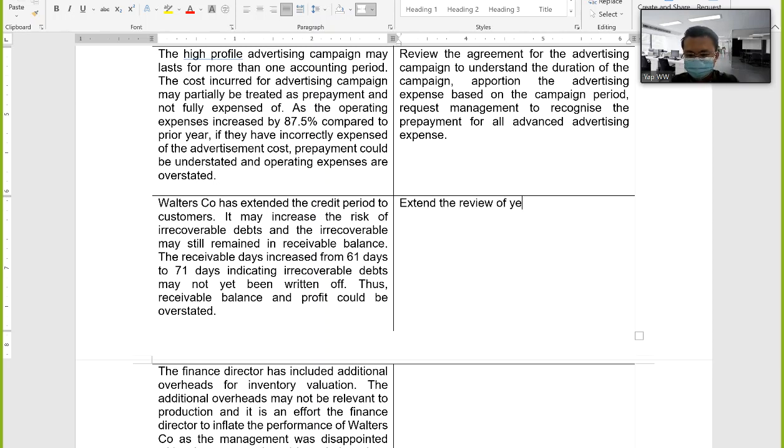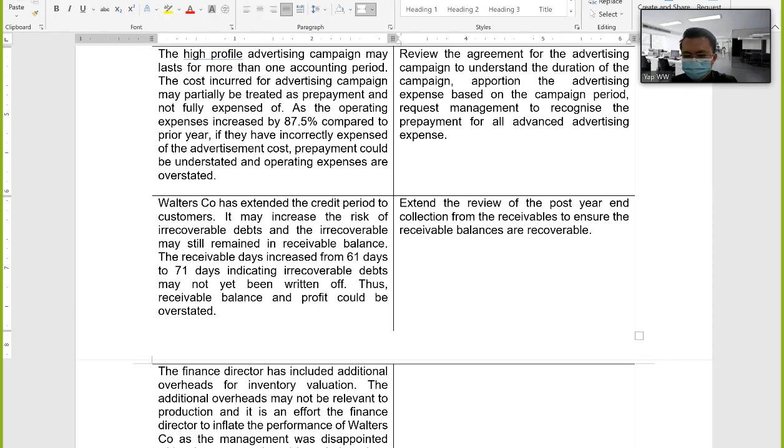Review the extent of the post-year-end collections from the receivable to ensure the receivable balances are recoverable.